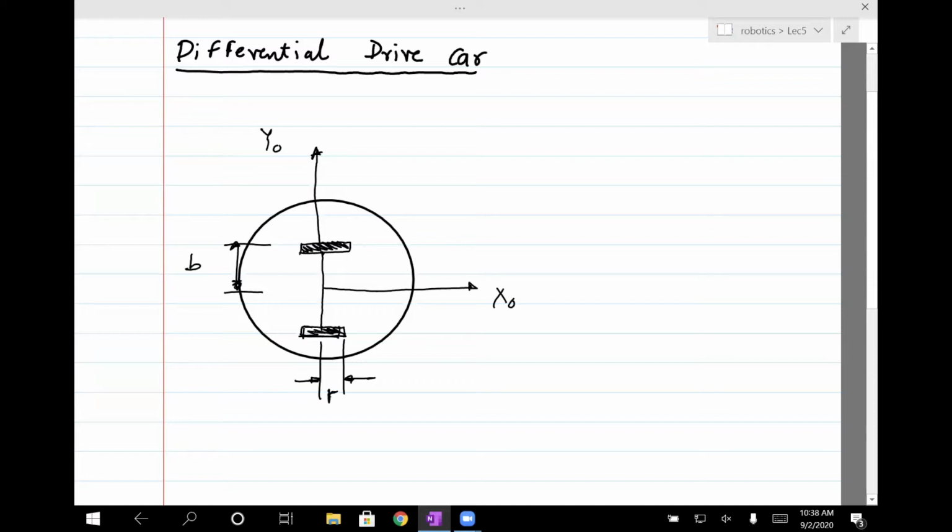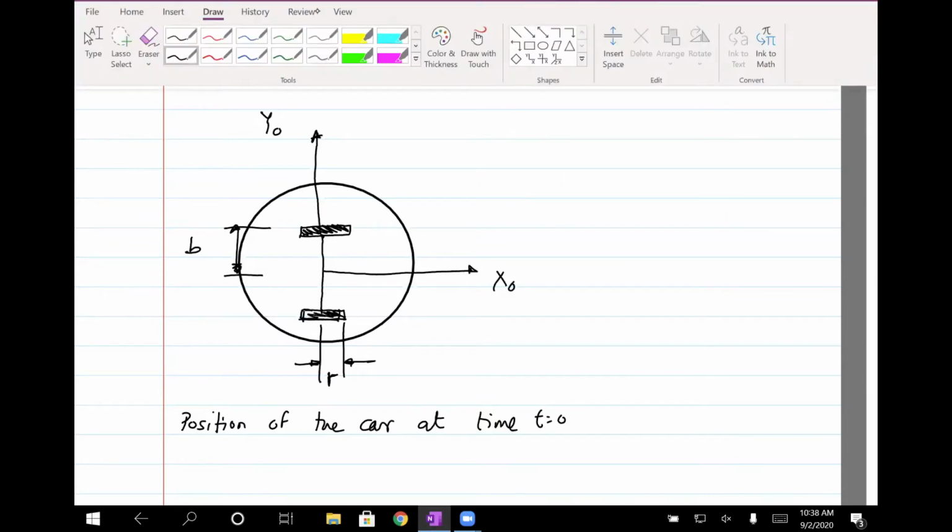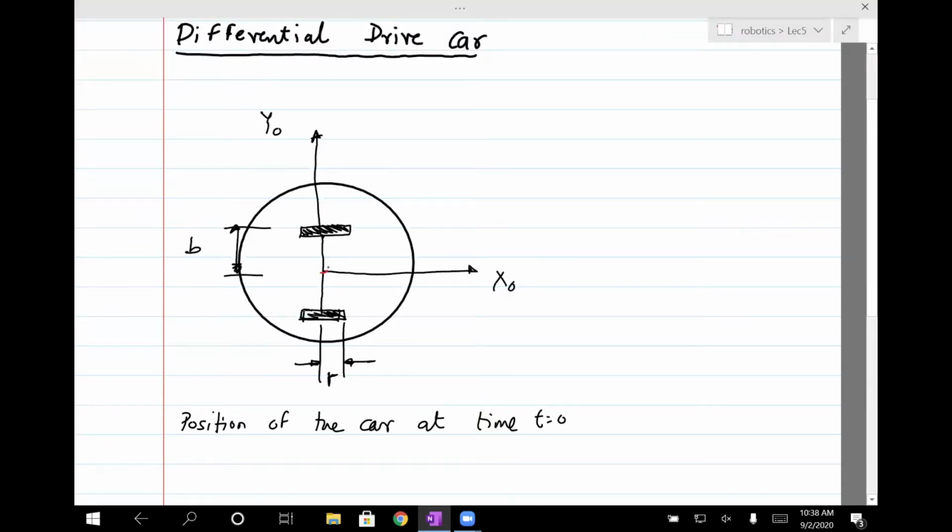Okay, and this is the position of the car at time t equals 0. In this case, what I'm interested in is trying to keep track of this point on the car.